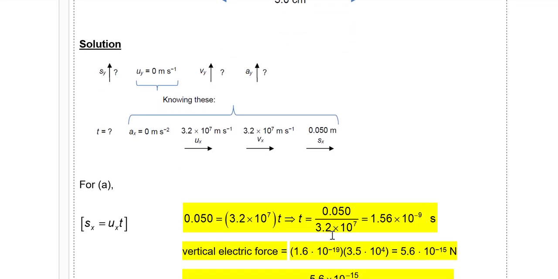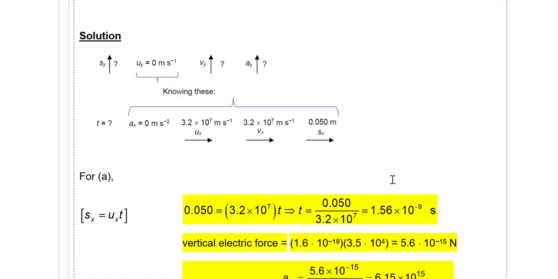So one way to find Sy is to find time first. So I use the horizontal aspect to find time. This is actually distance equals speed times time. You will find that the time it travels within the plate is this. So knowing time now, I can sub this time into the vertical aspect. So vertical electric force can be calculated by 1.6 times 10 to the power minus 19. Apologies for this again, this should be a times. I'll fix it later.